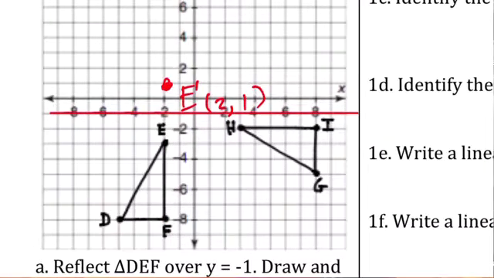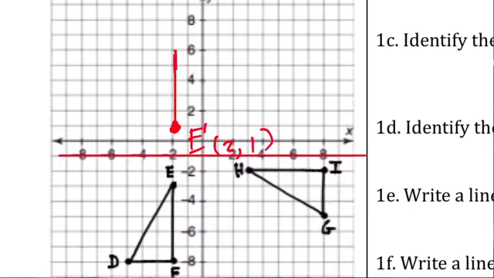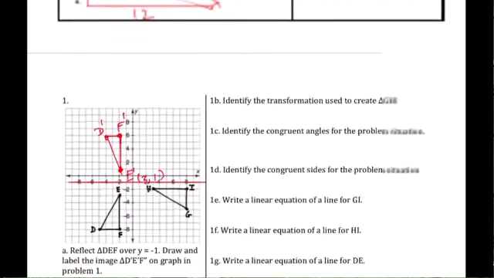So I'm going to reflect it as 5. And you go across from F, D prime. Right there. That's reflecting over that.